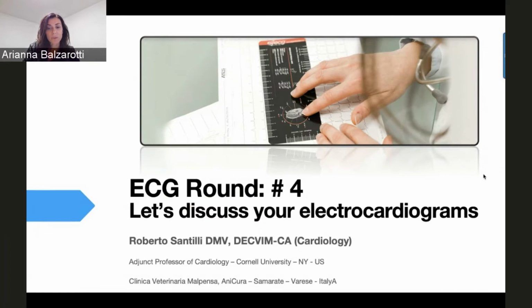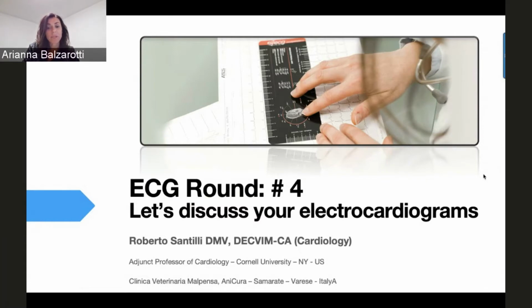Roberto Santilli graduated from the College of Veterinary Medicine of the University of Milan in 1990. He became a diplomate of the European College of Veterinary Internal Medicine, Companion Animal Specialties of Cardiology in 1999. Between 2004 and 2006, he completed the Master in Electrophysiology and Electrical Stimulation at the University of Medicine of Insubria.